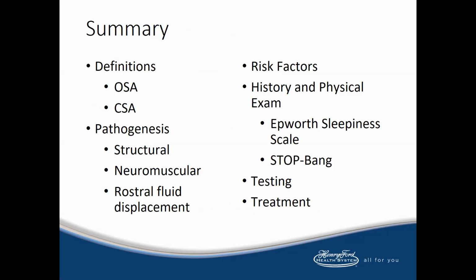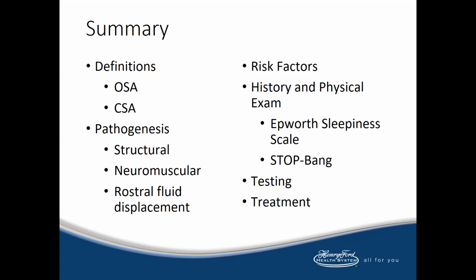So in summary, we went over a lot today. We went over the sleep medicine definitions of OSA and CSA on your polysomnograph, as well as the AHI to diagnose mild, moderate, and severe obstructive apneas and central sleep apneas. We went over the pathogenesis, the upper airway structure's contribution to obstructive sleep apnea, as well as some of the neuromuscular and thoracic changes that lead to this.